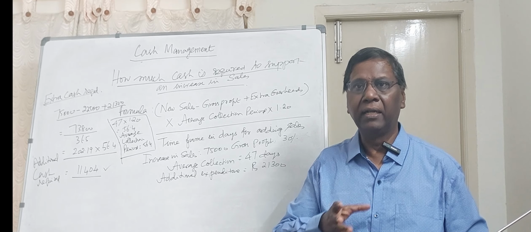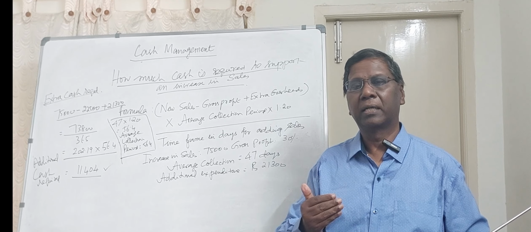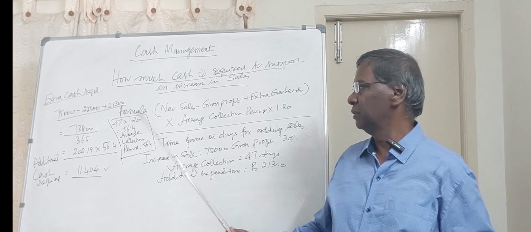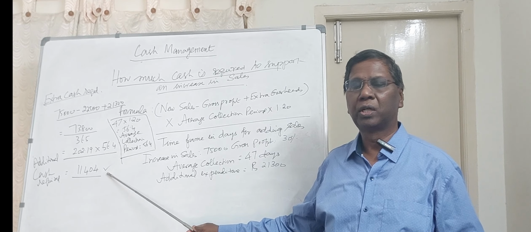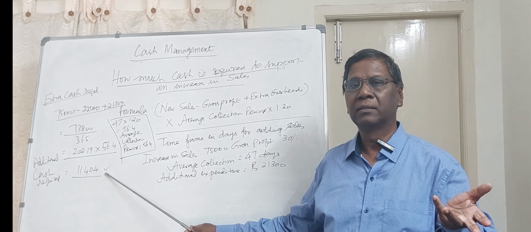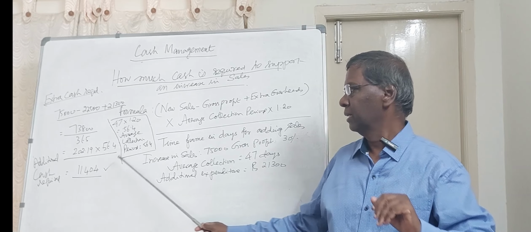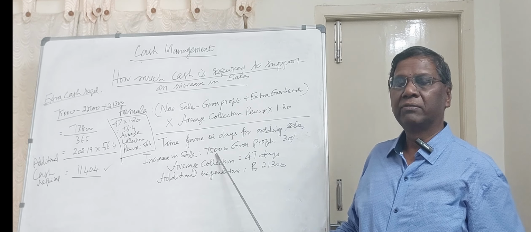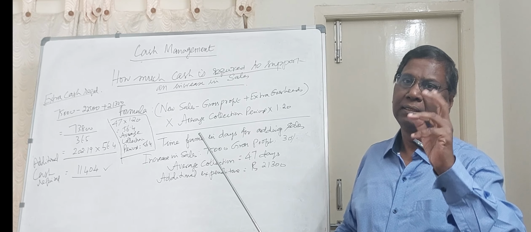Your target will fail, you will come short of your targets and the profits also will come down. So try to make arrangements for this 11,404 cash per cycle from anybody, from the bank, is required. Then you can achieve it, so for 7 rotations, you can achieve 75,000 in additional sales.